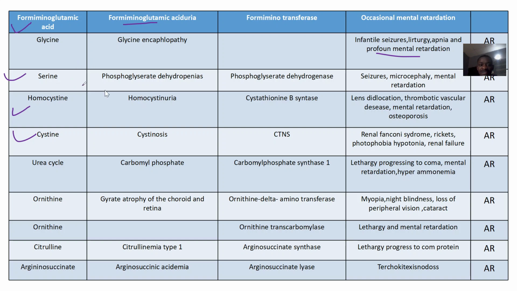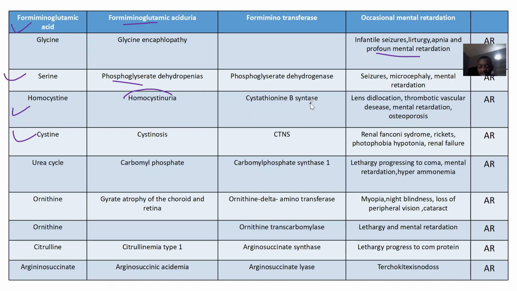Then for serine deficiency, the enzyme deficiency is phosphoglycerate dehydrogenase. You have seizures, microcephaly, mental retardation coming up. Then for homocysteine, the condition is known as homocystinuria. You are losing a lot of homocysteine in urine.